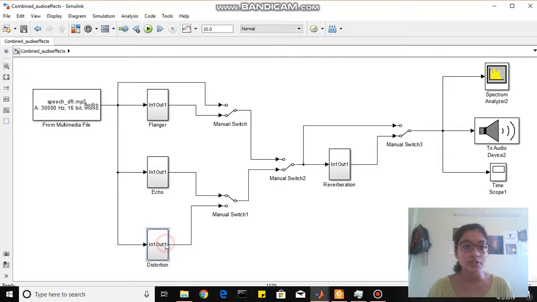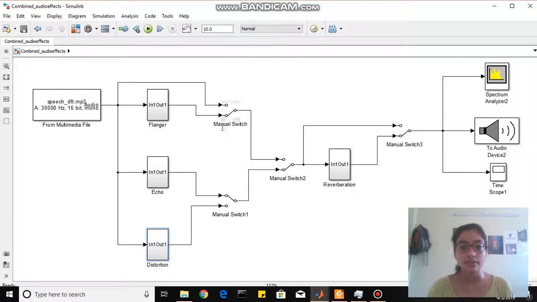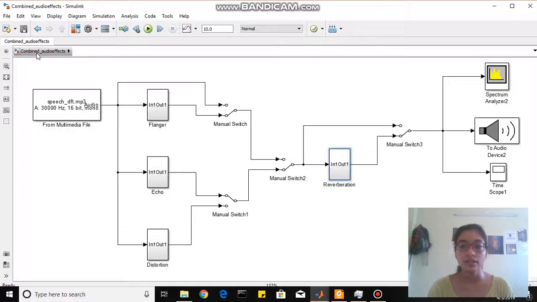This is the distortion one which just has a distortion block and I am selecting which effect I would give by manual switches, and this is my reverberation block. And then I have outputted the same to various output devices like spectrum analyzer, time scope and audio device. So let us check how this works.